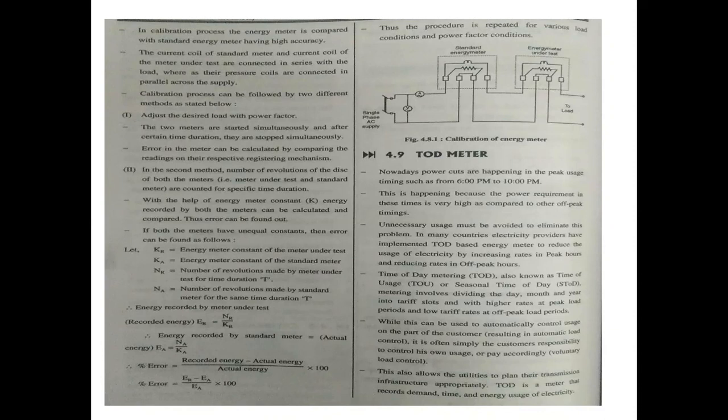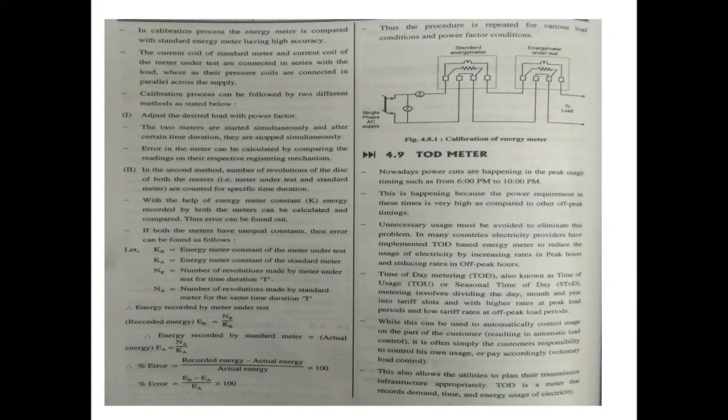This happens because the power requirement in this time is very high as compared to off-peak time. In the off-peak period, the power requirement is less as compared to the peak load time.